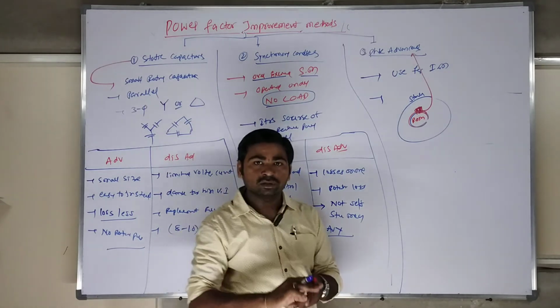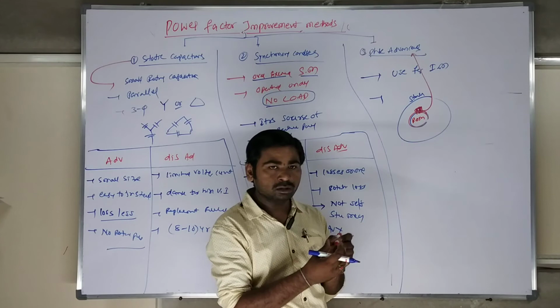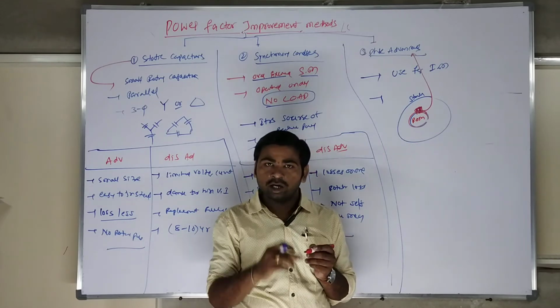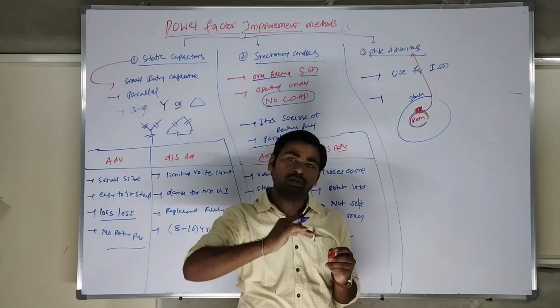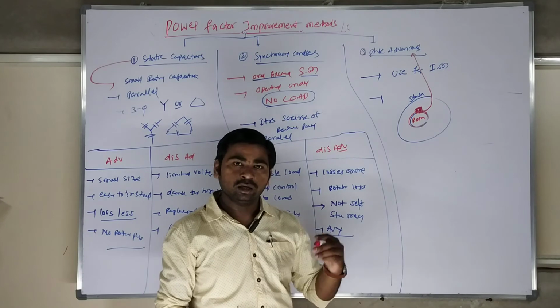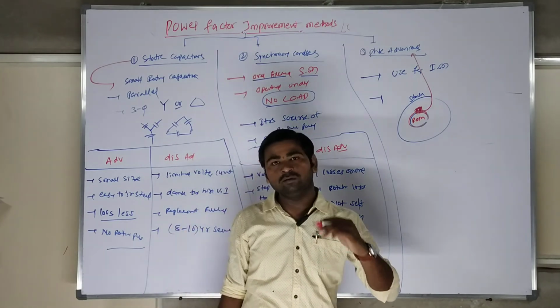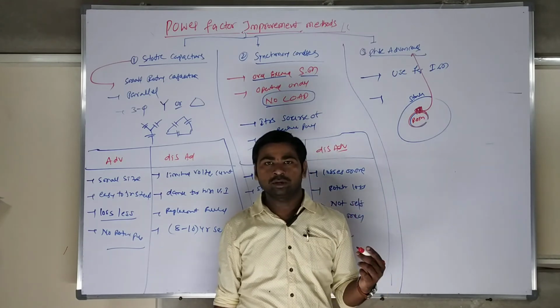The phase advancer, sitting on the rotor shaft of the induction motor, gives reactive power to the rotor winding. Automatically the rotor winding gets overexcited and gets more reactive power, which compensates from lagging power to leading power.